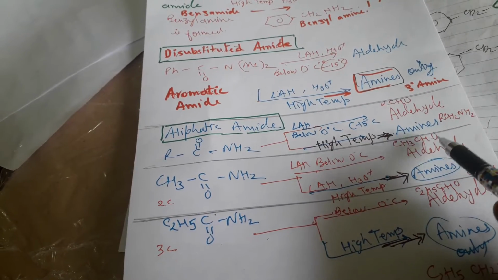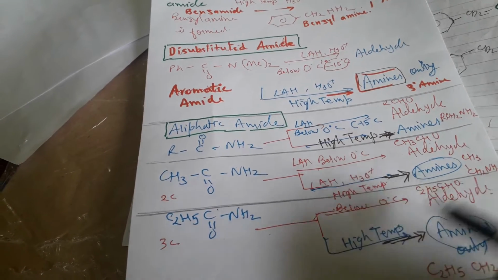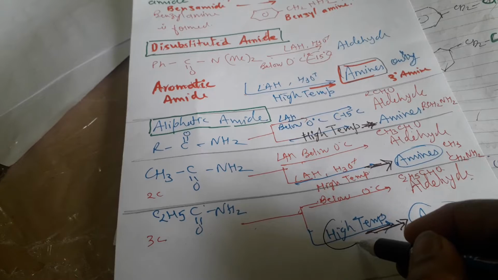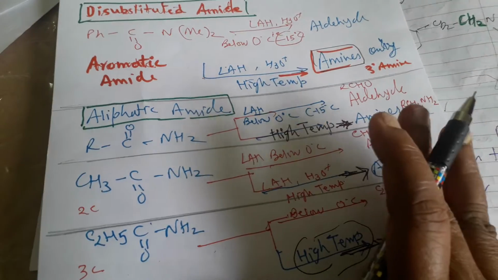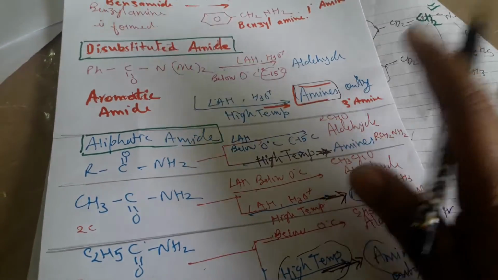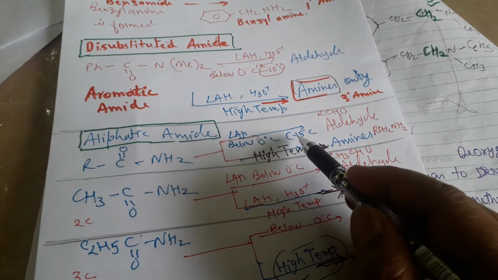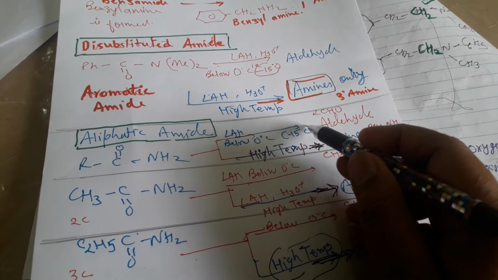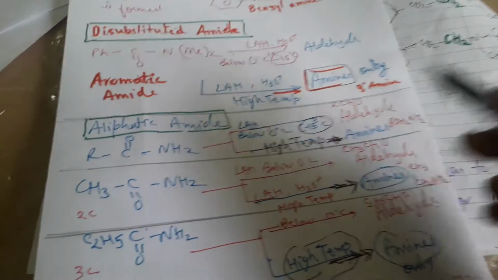That is acetaldehyde, this is propanal. This is ethanal, this is propanal. But at high temperature, always, you get amine. Do you understand? At 0 degree C, all aliphatic amides give you aldehyde, and at high temperature they will give amines. So below 0 degree C means at least minus 15 degree C. Okay, so below 0 degree.